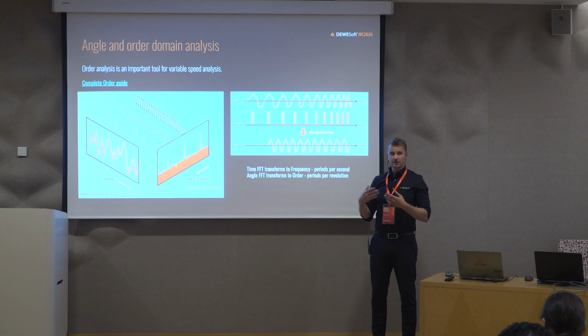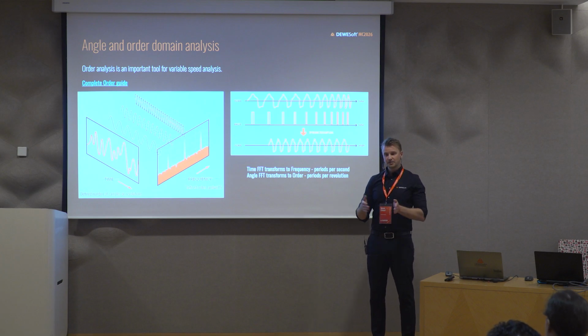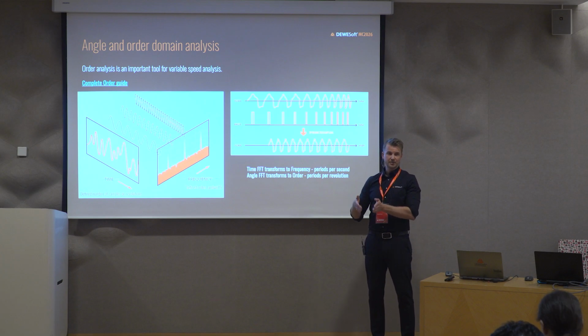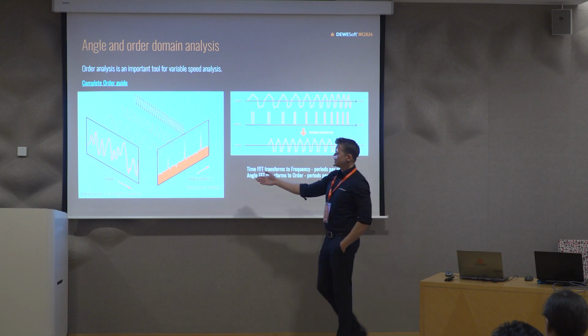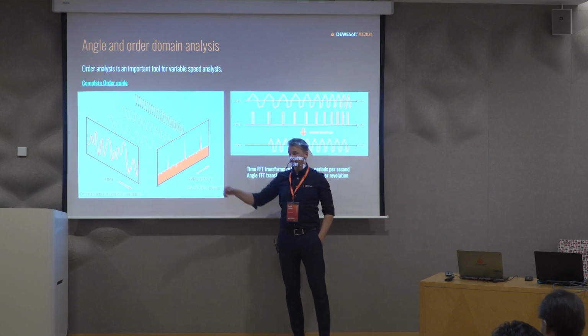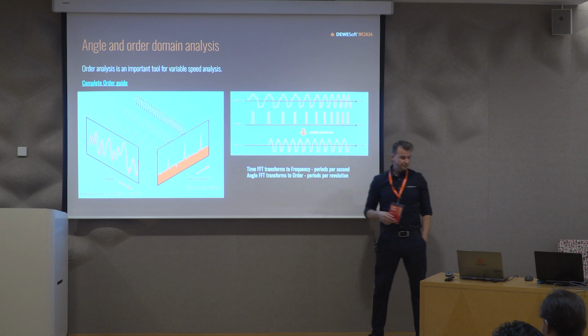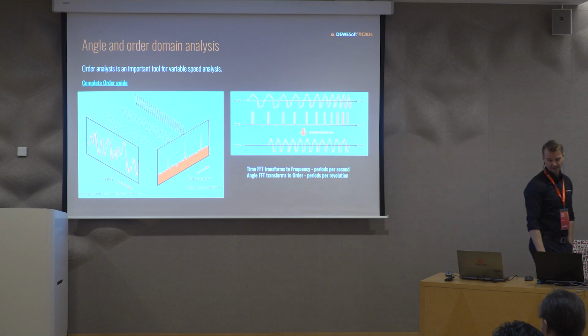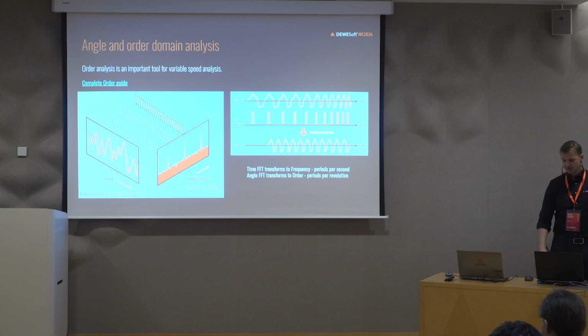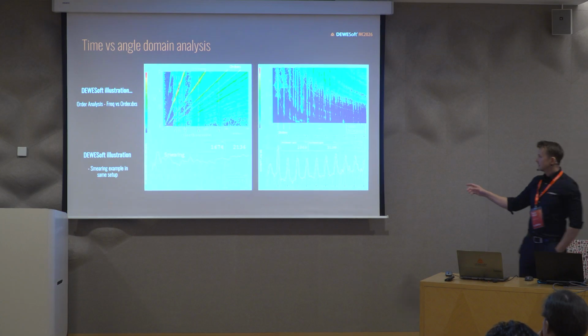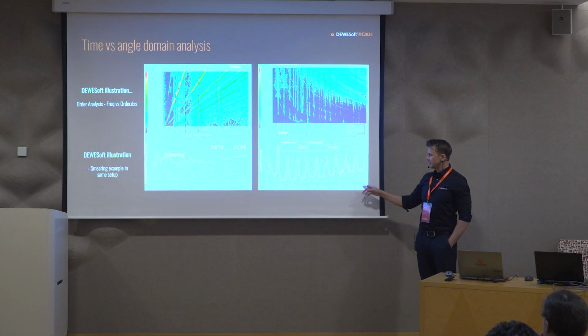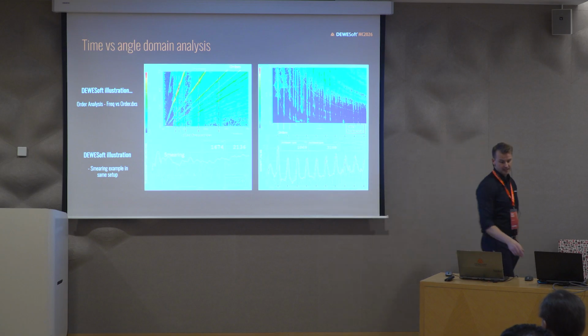So if you're running with a slower speed, you will have lesser samples over time, and with a higher speed, you will have a lot of samples over time because it needs to follow to have the exact same angle between each sample. When you take an FFT of an angle domain signal, it will become an order tracked spectrum with an order axis instead of a frequency axis. So you will have something per revolution instead of something per second.